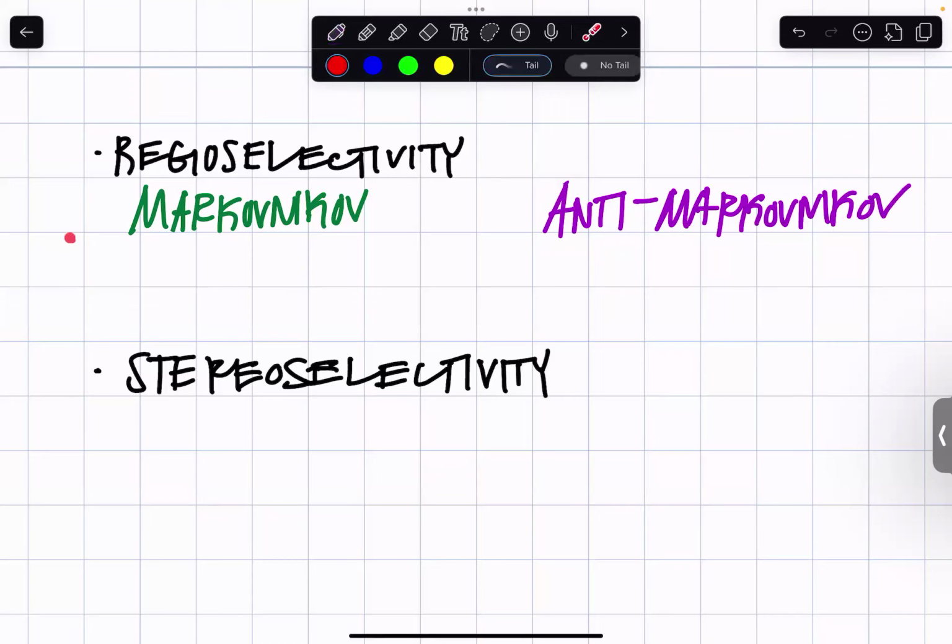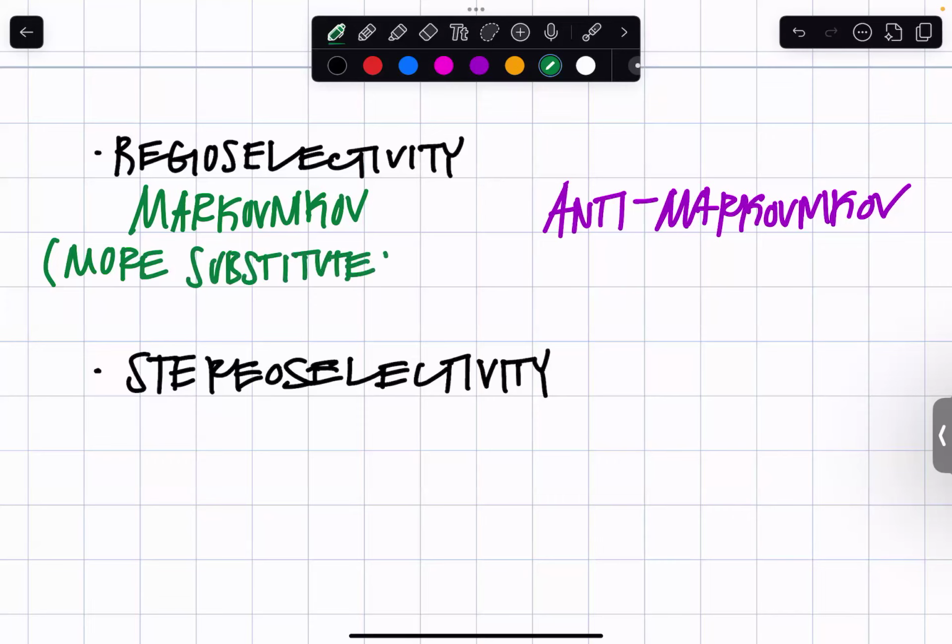When you see the term Markovnikov, think of it as just a fancy way of saying more substituted. When you see the term anti-Markovnikov, think of it as just a fancy term for saying less substituted.